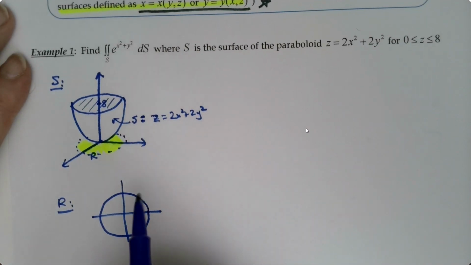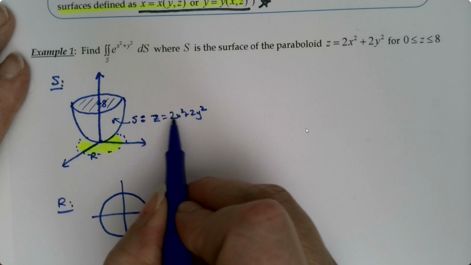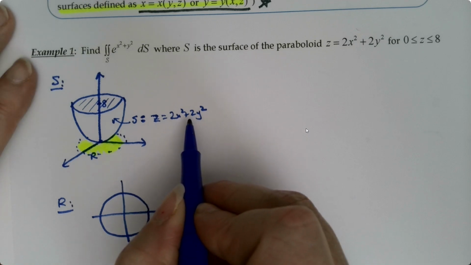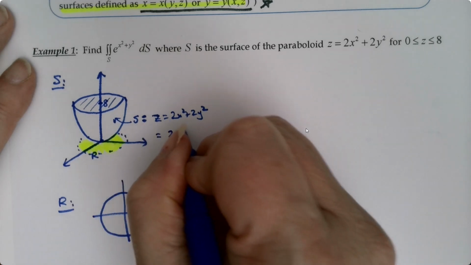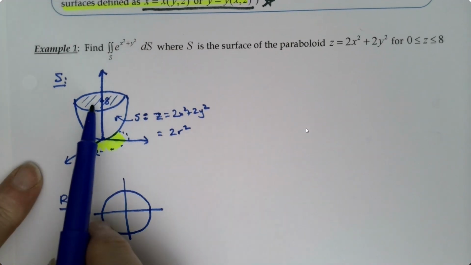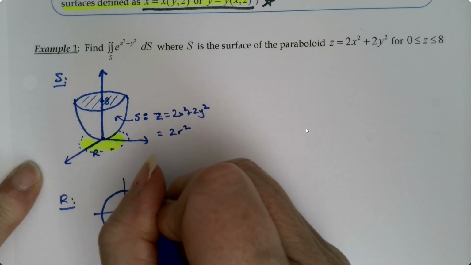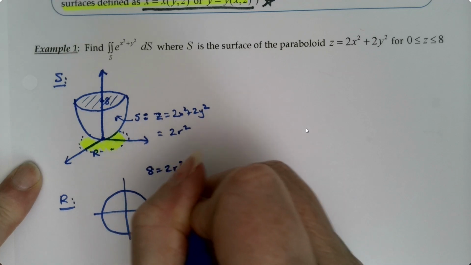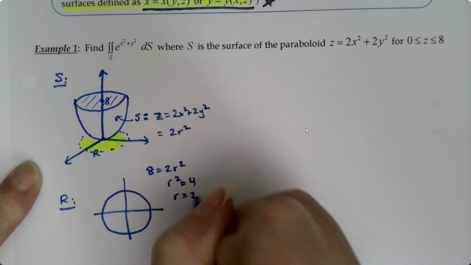Now the question is, a circle of radius what? So let's think about this. x squared plus y squared is r squared in polar coordinates, and yes, we are solely switching to polar coordinates in this. So this is 2r squared. If we think about the top, where does the intersection happen? z equals 8 is 2r squared, so r squared is 4, so r equals 2.